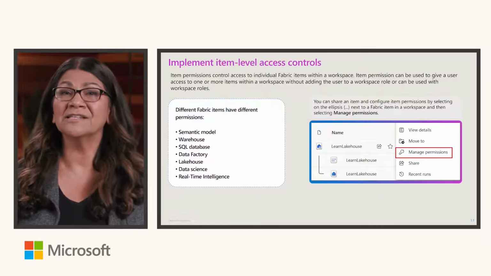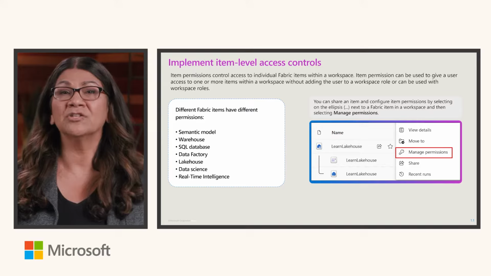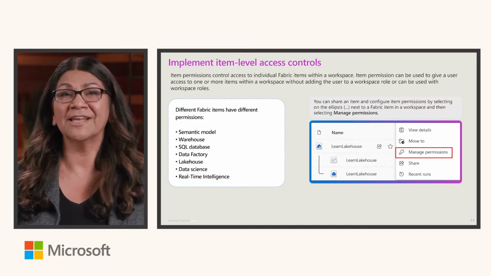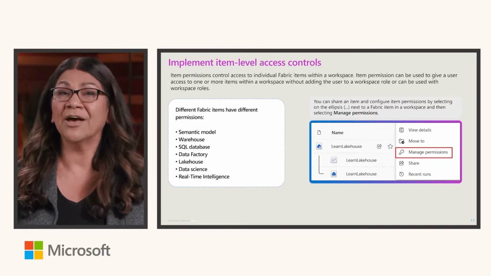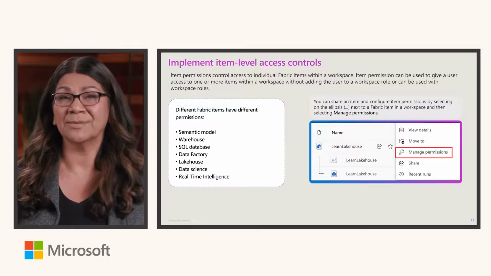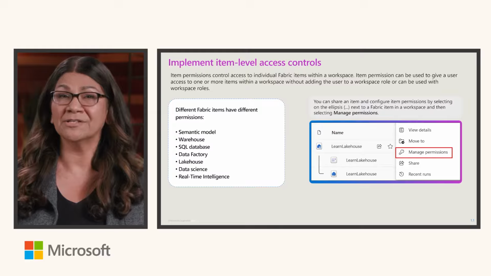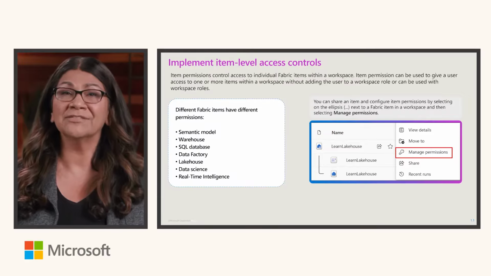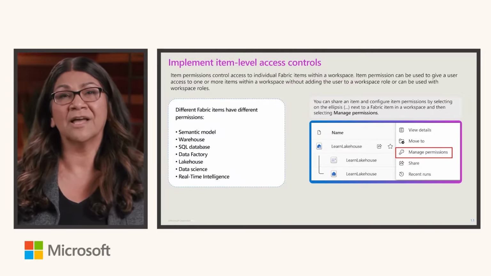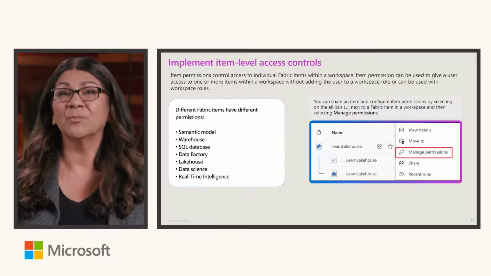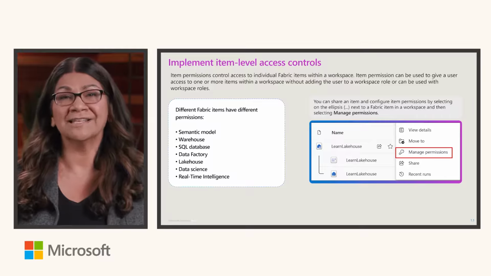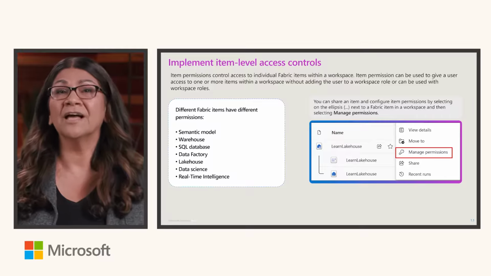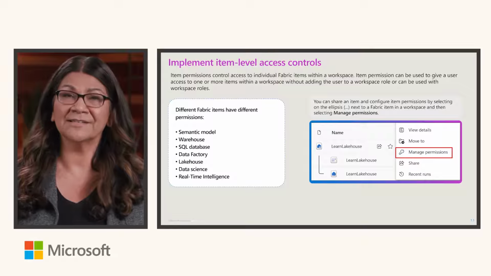The item-level access controls let you grant or restrict access to individual items, like a semantic model, warehouse, or lakehouse within a workspace, independent of broader workspace roles. Sharing an item with a user or group gives them read access by default, allowing them to view metadata and reports, but not the underlying data in SQL or OneLake unless further permissions are granted.